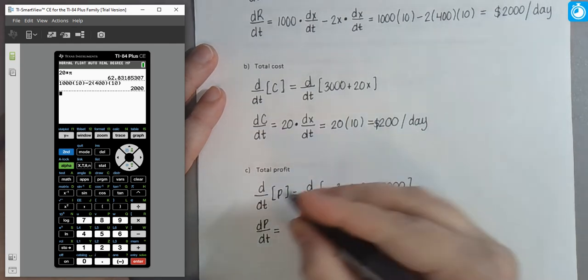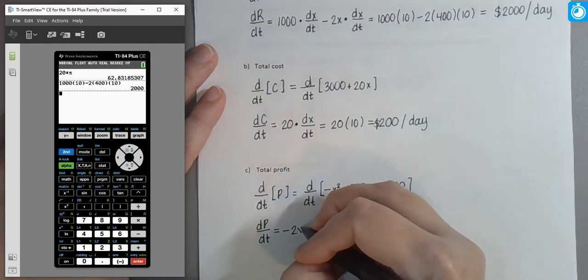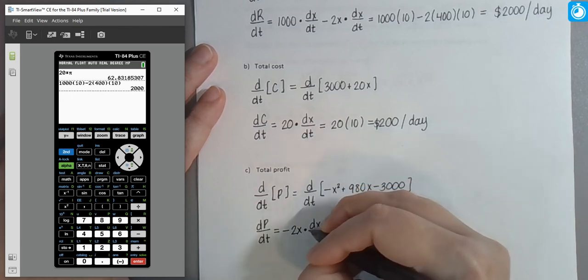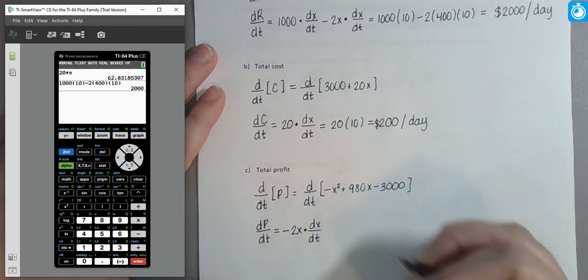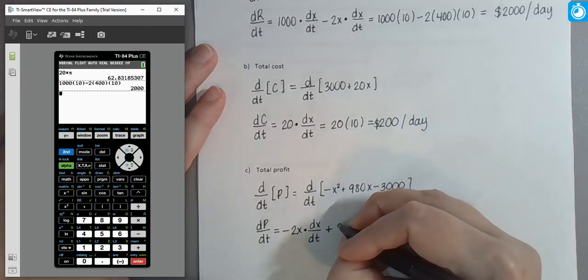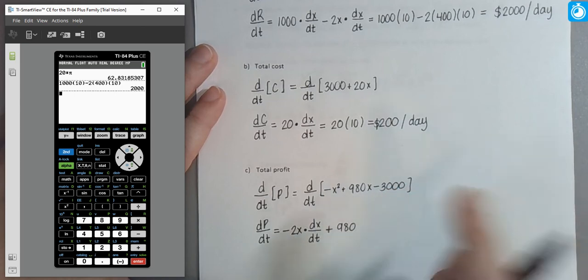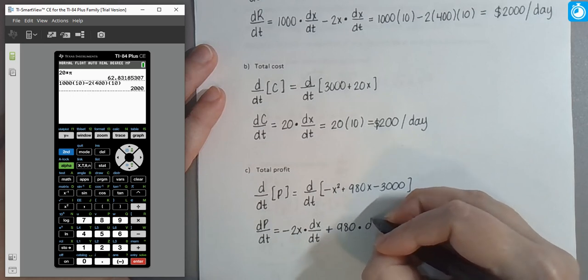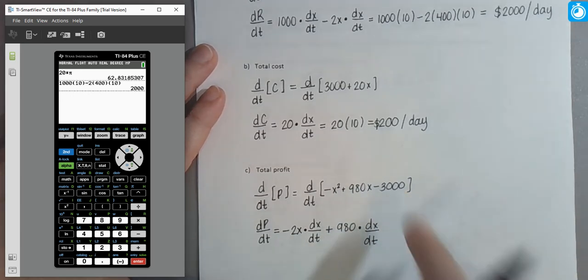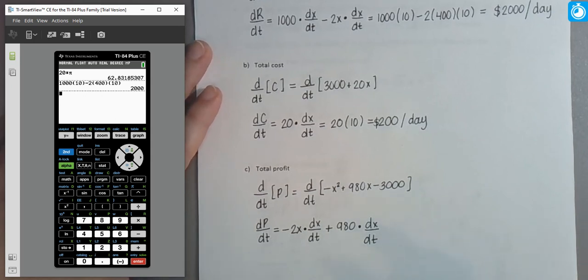So derivative here is going to be negative 2x. x is a function of t, so times dx/dt. Derivative here is going to be 980. Again, x is a function of t, so times dx/dt. And then the derivative of 3,000, the derivative of any constant, is just 0. So that is going to be the expression for our derivative.